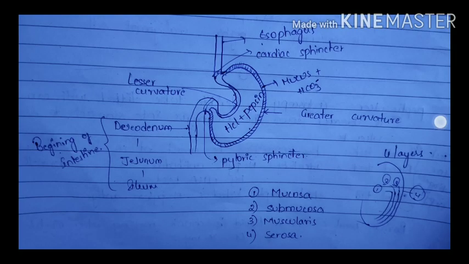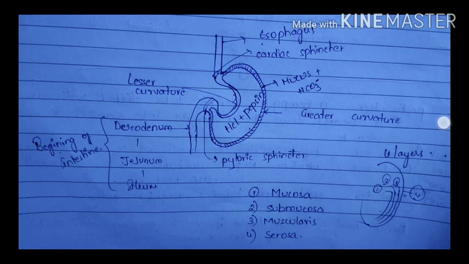Here, if we look at the pathophysiology deeply, this is the esophagus. I previously told you about the cardiac sphincter. Here is the pyloric sphincter. This is the greater curvature and lesser curvature. This is the mucus, and this is the HCl and pepsin, and this is the duodenum. Jejunum and ileum are the beginning parts of the intestine.